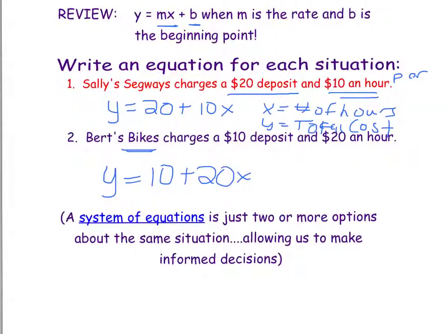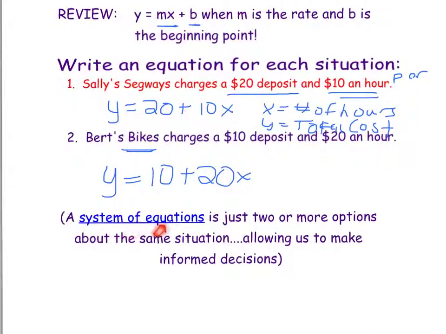So if we're going to compare this like we've done in past units, we can see that Sally's Segways start at a higher upfront cost but go up at a slower rate than Bert's bikes. Bert's bikes start at a lower upfront cost but go up more for each hour.